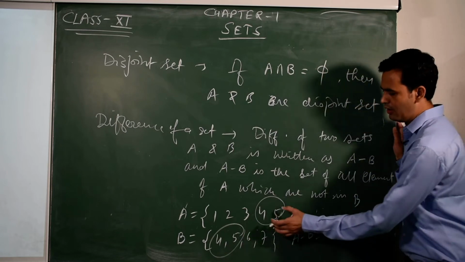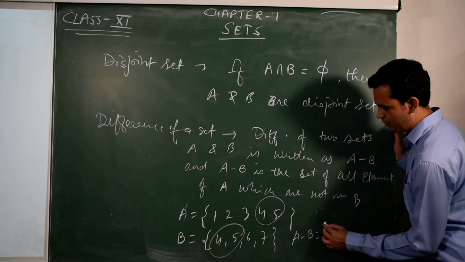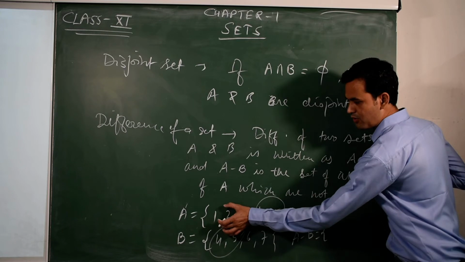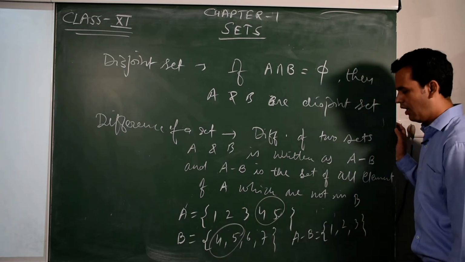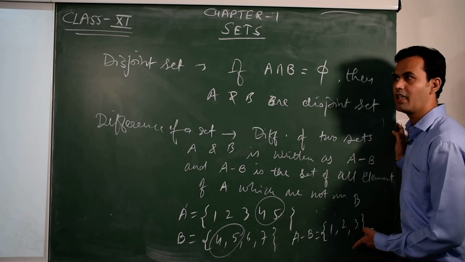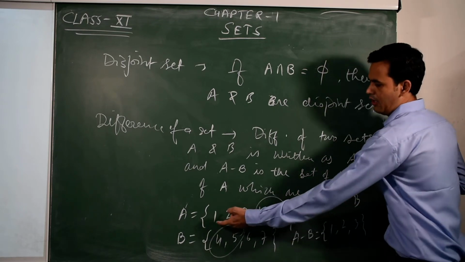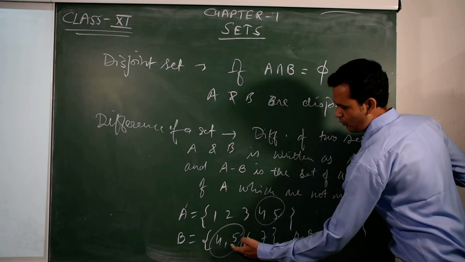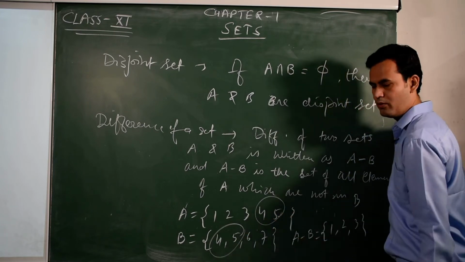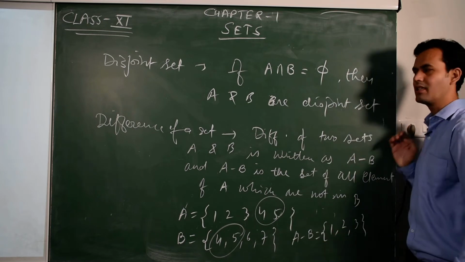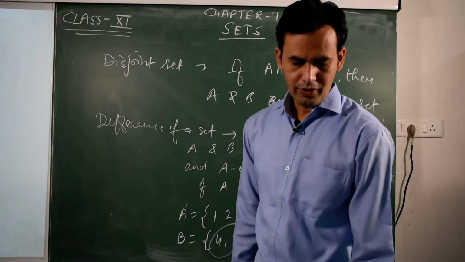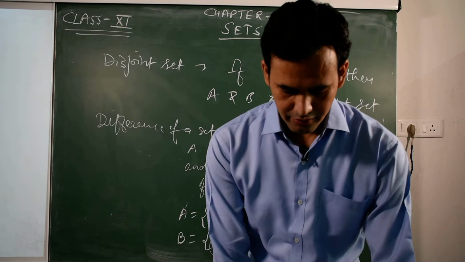So these 2 we remove, and the remaining elements of set A, 1, 2, 3, are the elements of set A minus B. Common elements we remove, so the remaining elements of set A form the set A minus B. So this is called difference of a set.